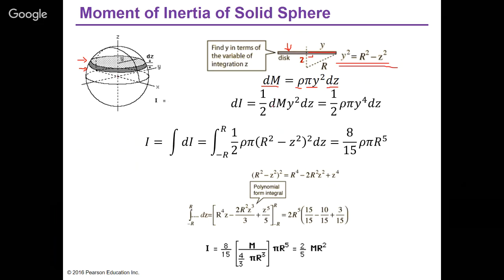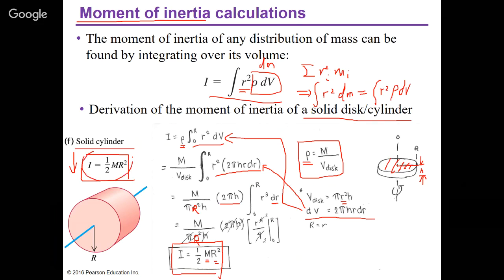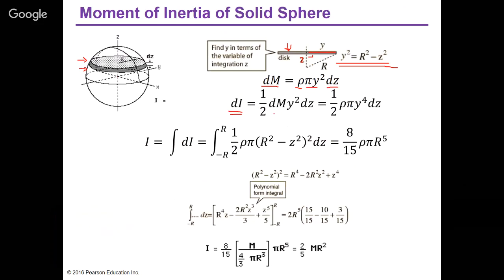Because this is a disk, we can calculate the moment of inertia using this equation, half m r squared. We have the half, we have the dm, we have the r squared. Sorry, this one shouldn't be here. Then we put the dm term in here, and that basically gives you half times rho times pi times y to the fourth and dz.